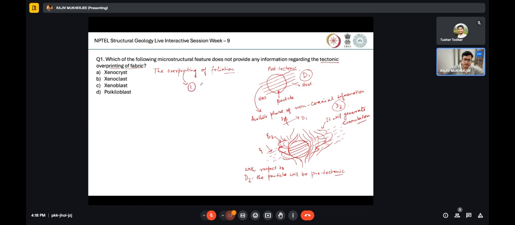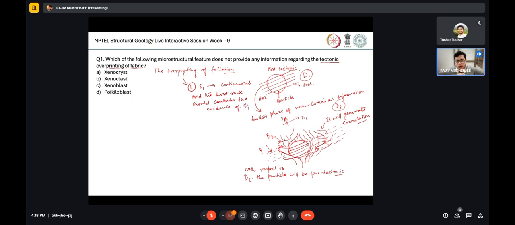First is S1, which is obviously continuous, and the host rock should contain the evidence of S1.